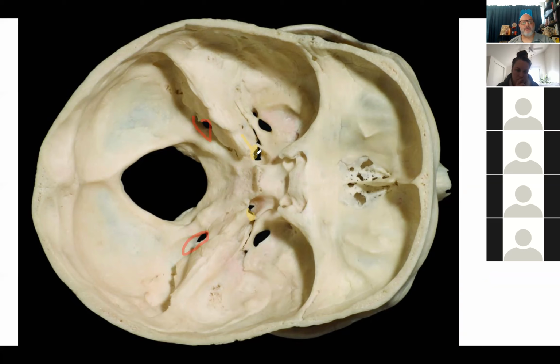Where the carotid canal, and we can actually see that teeny bit of the opening of the carotid canal, actually comes through is right at this rough looking, one might even say torn, or kind of rough edge to it. What do you think we call this torn, rough edged looking opening?